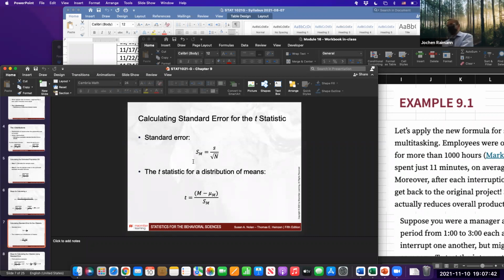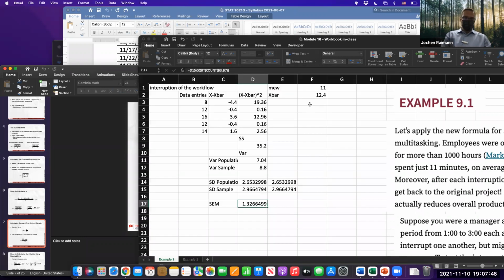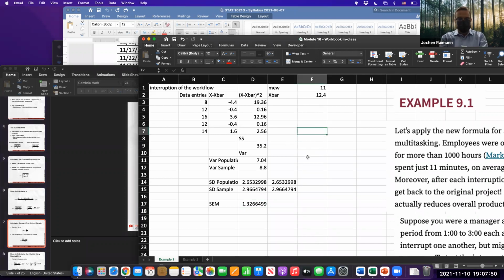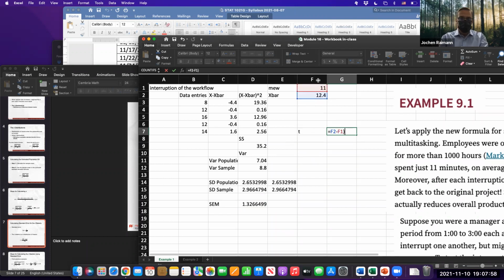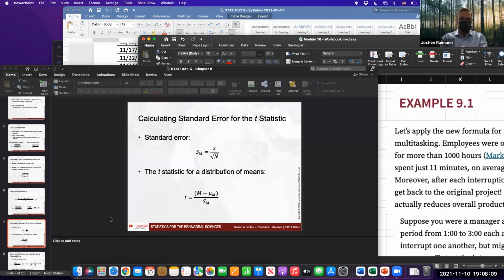Okay, so now we're doing the t. So what is the t? It's x bar minus the population mu. It's 12 points. So this is now the t. T equals this minus mu in parentheses, divided by the standard error of the mean, 1.06.